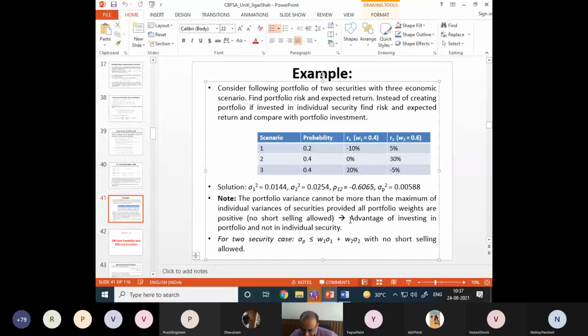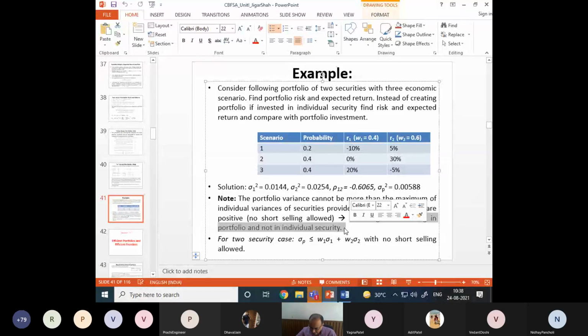OK, so that is the advantage of investing in a portfolio and not in an individual security. So theoretically, this is proving that instead of having a single security, if we have a portfolio, we have a lesser risk, even though the risk of the individual securities is higher.